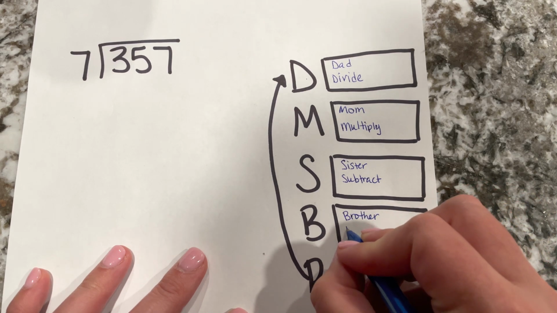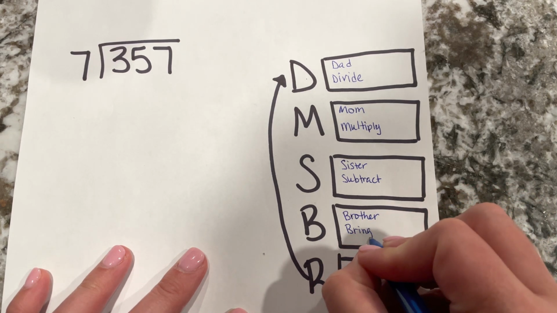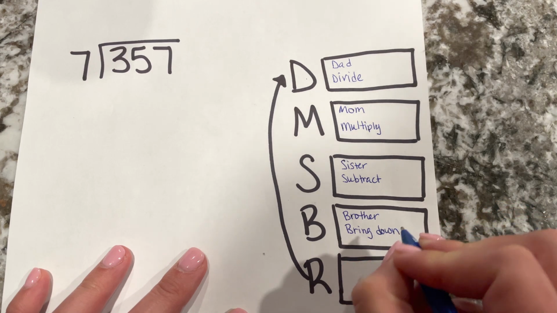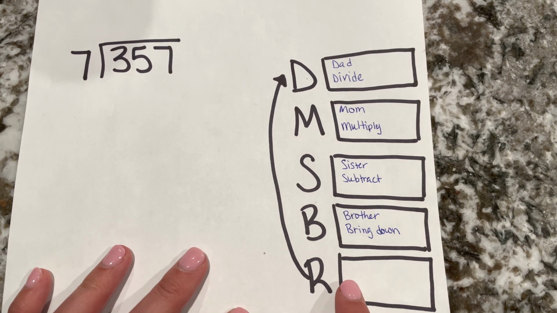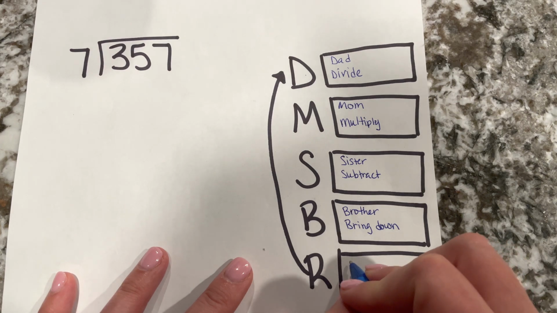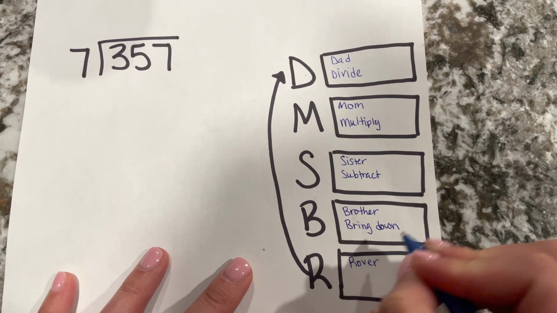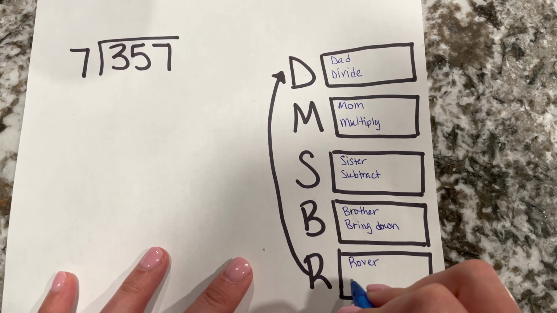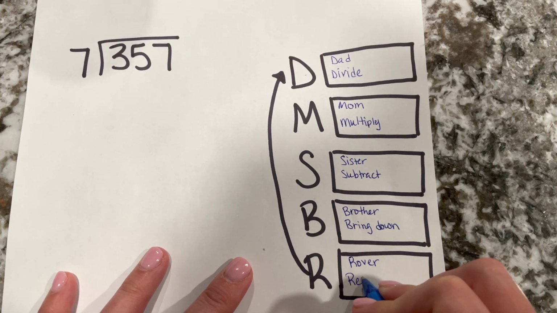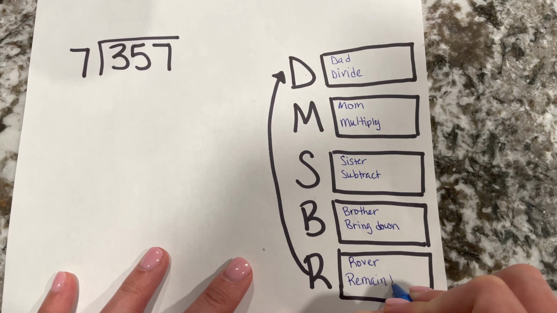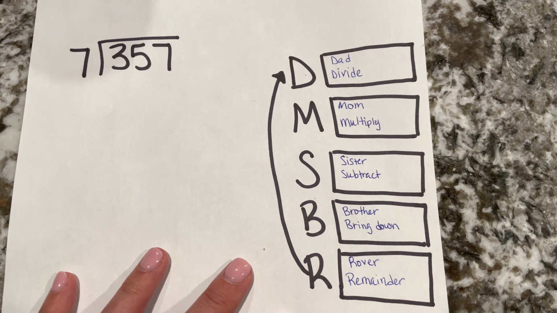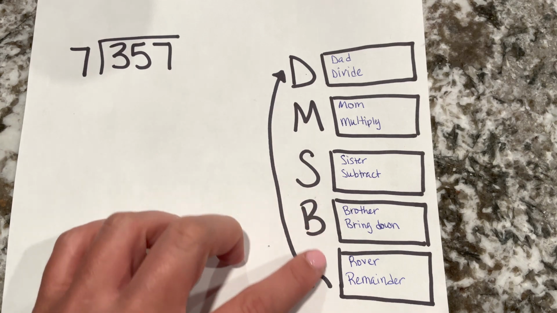And in division, it means bring down. And then last but not least, our R stands for Rover, our pet dog Rover. So we have our whole family here. And then for the actual division part, it stands for remainder.